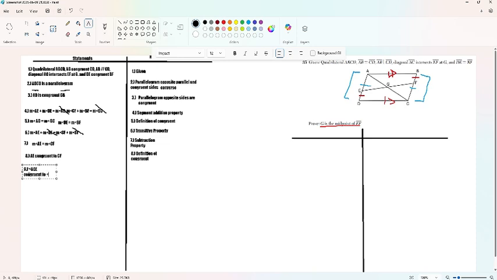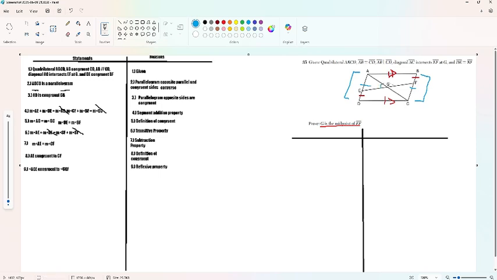Make sure to write it in the same order, because AGE goes into G and back here CGF, because A is supposed to be congruent to C. Remember to keep it in proper order. So AGE, reflexive property. Now we can mark that. Let's mark that turquoise. I like that color. I like every color.